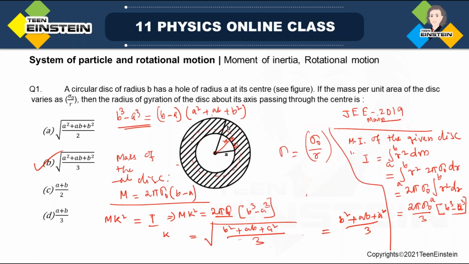Then we equated it to m k square, where k is the radius of gyration, and from there we calculated k, the radius of gyration about the axis passing through its center. So finally we have got this answer. Now we'll move on to the next question.